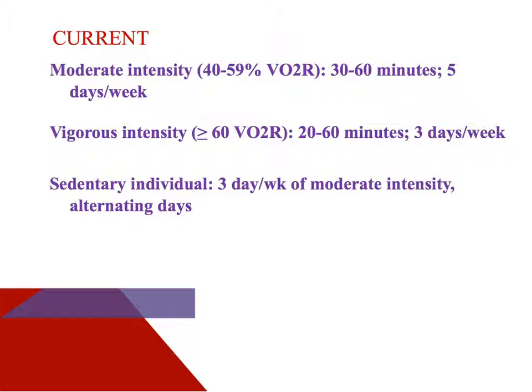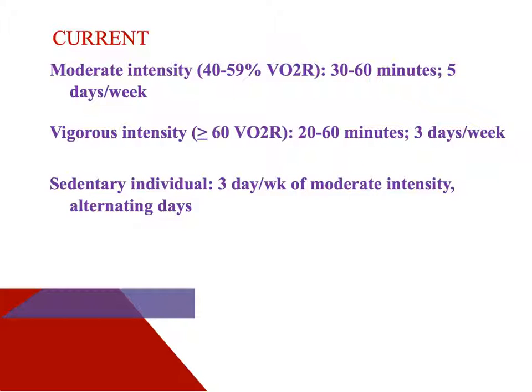So what are the current recommendations for cardiovascular exercise? Well, our FIT principle, or our intensity piece of our FIT principle, involves VO2 reserve, which is same recommendations as heart rate reserve. So with moderate intensity exercise, we want to exercise at 40 to 59% of our VO2 reserve or 40 to 59% of our heart rate reserve. And we want to do this 30 to 60 minutes per week for 5 days a week.